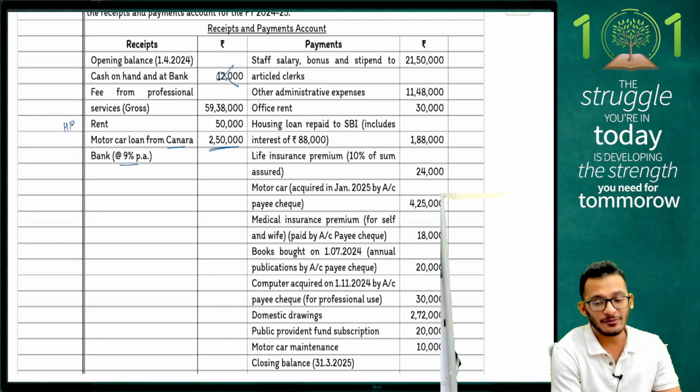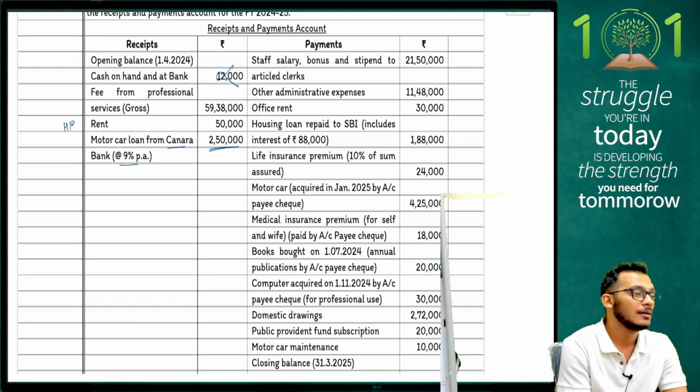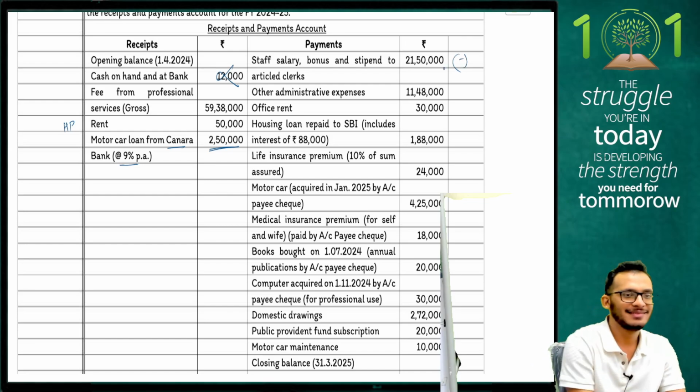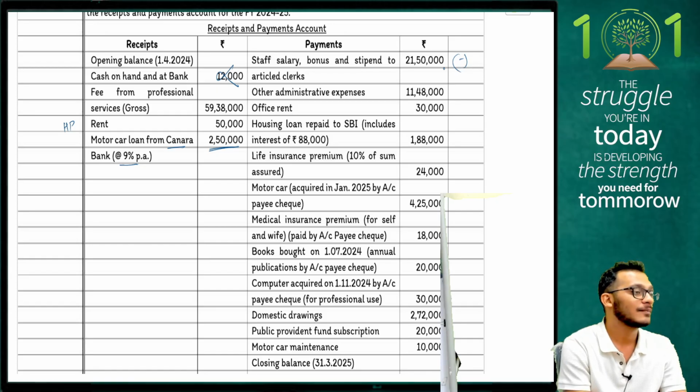Right side, staff salary 21,50,000. You're doing the direct method right now. Yes, this is an expense to be claimed because you're preparing the P&L.